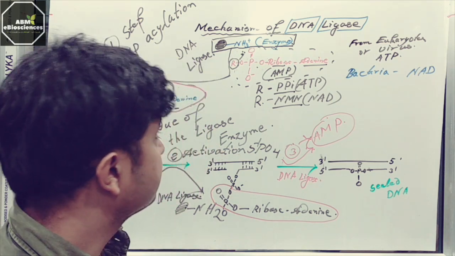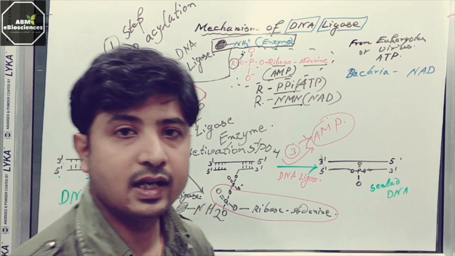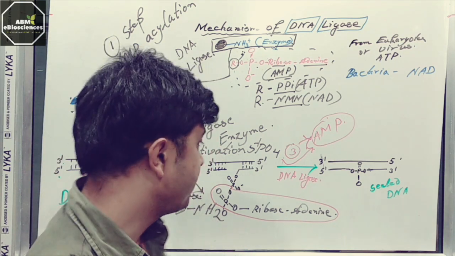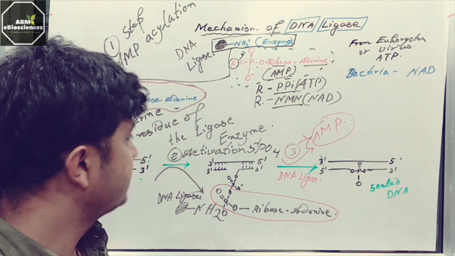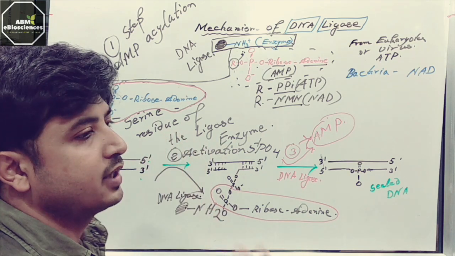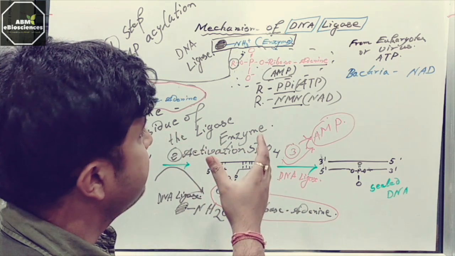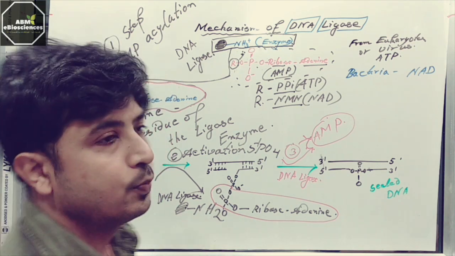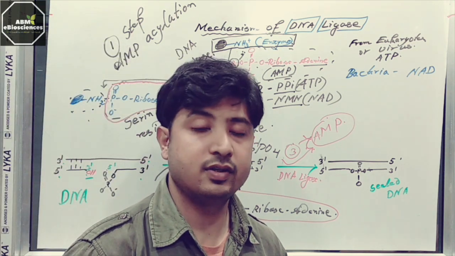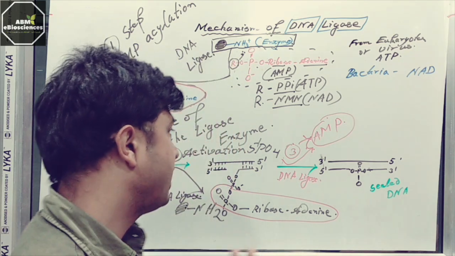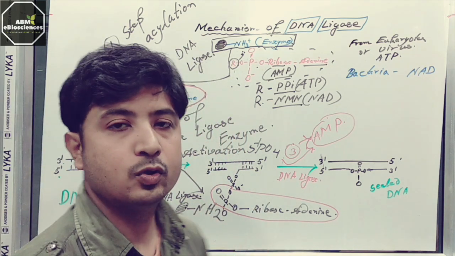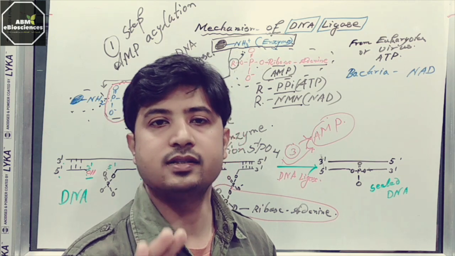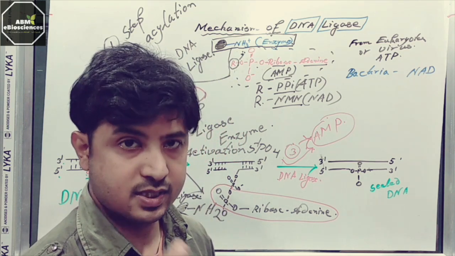So this is the mechanism of DNA ligase, which is very easy, but you have to understand the crucial stages. The first step is the attachment of the AMP group to the enzyme. The second is that the AMP group is transferred by the enzyme to the 5' phosphate group present in the nick.